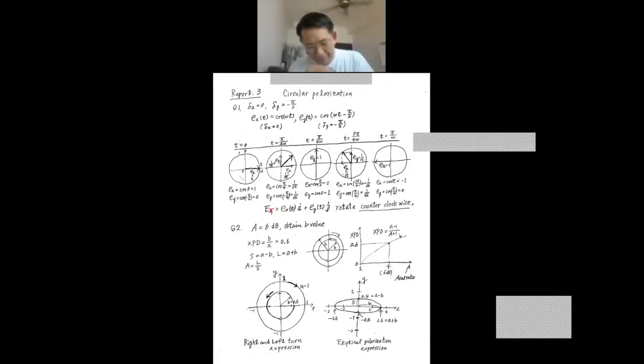This is a little bit of antenna specialist knowledge. However, if you have a chance to use a circular polarization antenna, you will better understand this performance. This is a little bit high class knowledge.